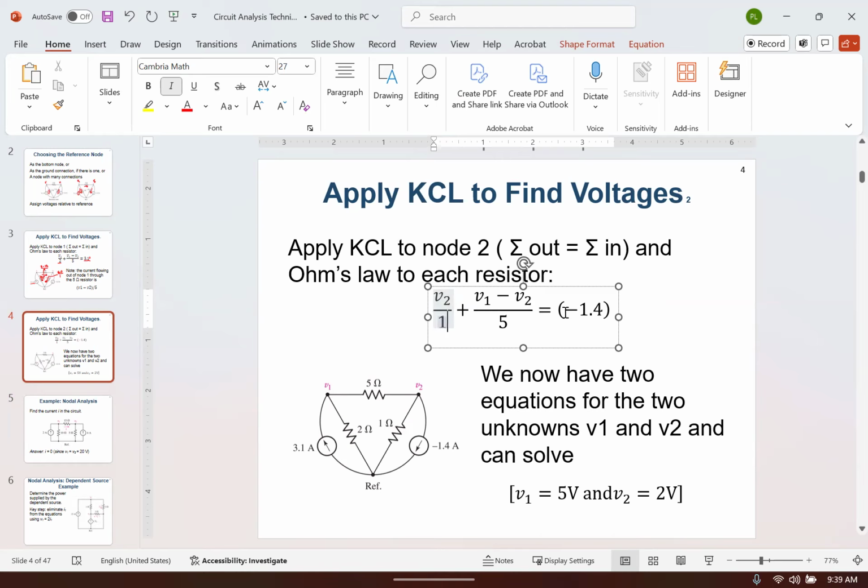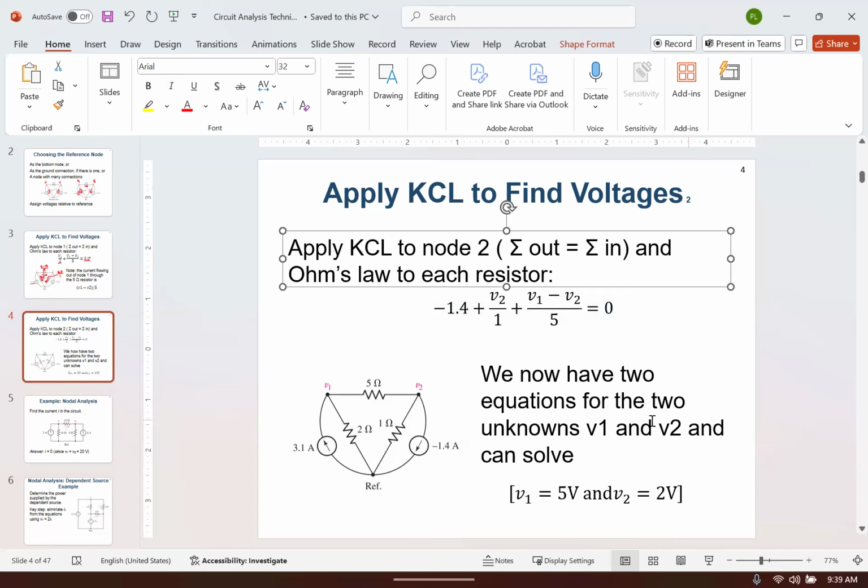And this is going to be, we'll move this to the other side. So that's 0. And we have negative 1.4 plus, there we can fix that. Easier to fix it that way. All right. Wait for it to finish saving.